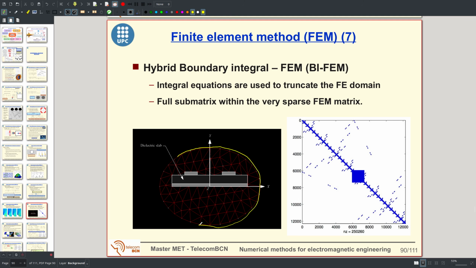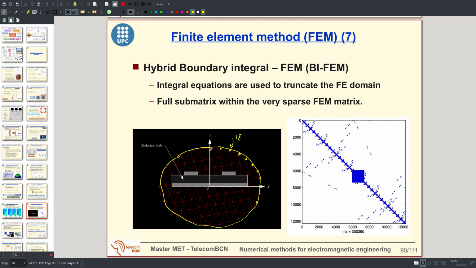So you can either use Mur's absorbing boundary condition, the perfectly matched layer, or whatever, but there is another option that is used sometimes, that is just to set an integral equation at the boundary, and then the integral equation at the boundary obtains a relation between the values of the unknowns at the boundary, and you can use this integral equation as your truncation boundary condition.